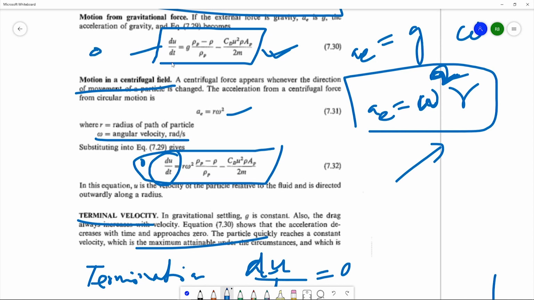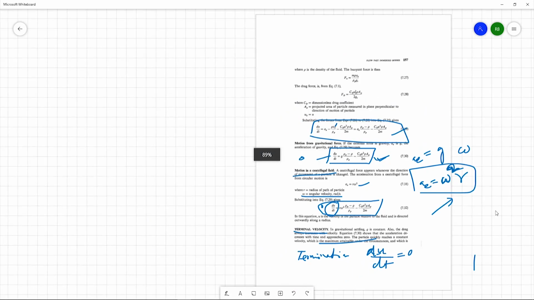So du by dt means there is no net acceleration. Okay. So if you put this term equal to 0, then you will get the terminal velocity for both cases, for gravitational force and for the centrifugal force. Okay. So if you put 0 here and rearrange, you can find u. Then we'll move to the next page.